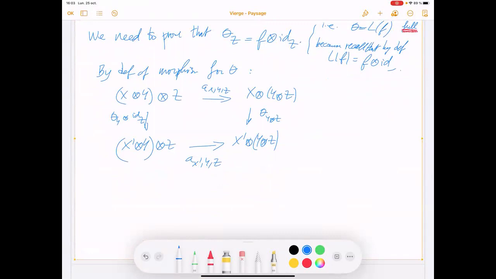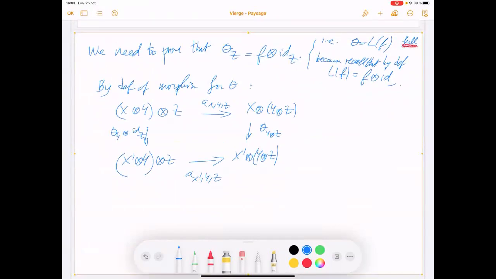The proof is a bit technical. Now take y equal 1.